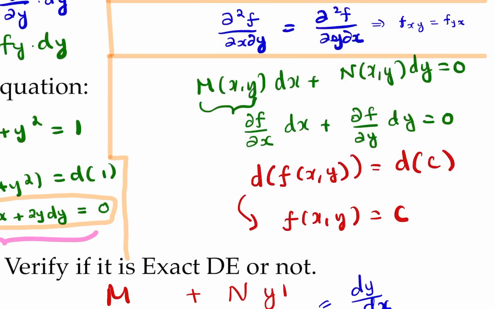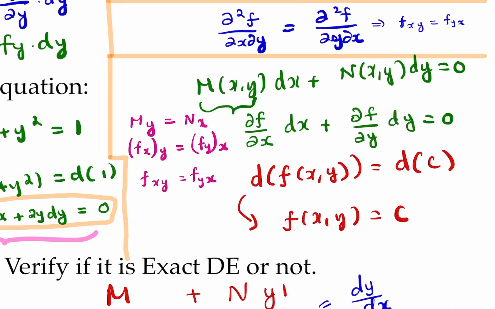So then this, mx, my, should be equal to nx, because m is your fx, and with respect to y, and n is your fy, and that is with respect to x, and you're going to have fxy equal to fyx, right?